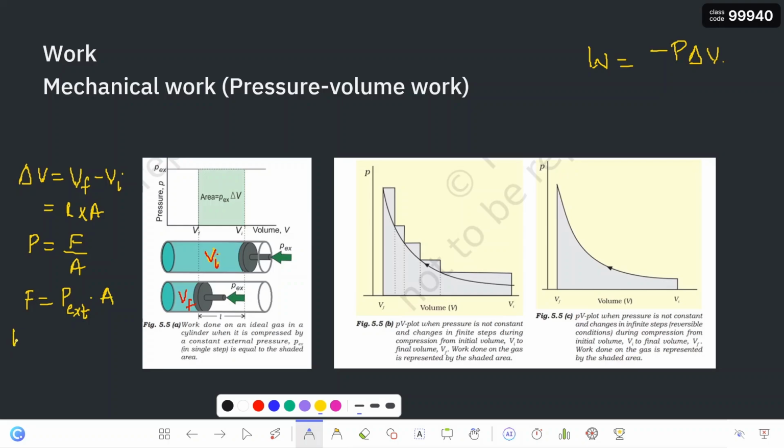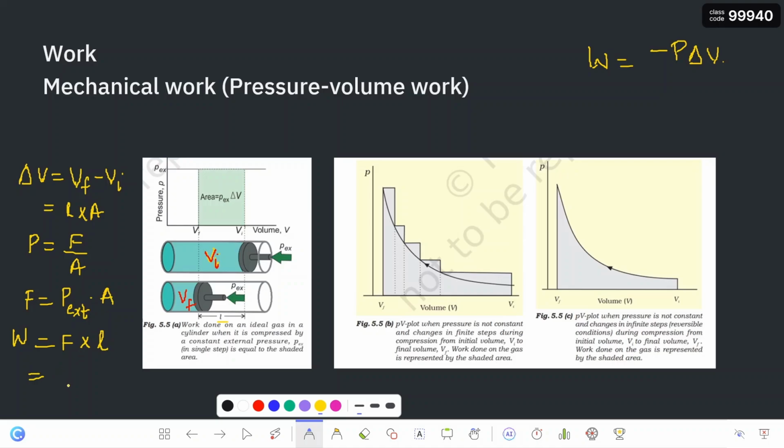Now we need to know the equation for W. From physics, we know W is equal to force into displacement. In this case the displacement is the piston getting moved from this position to this position, which is marked by L. That is the displacement. So force into displacement is work done.